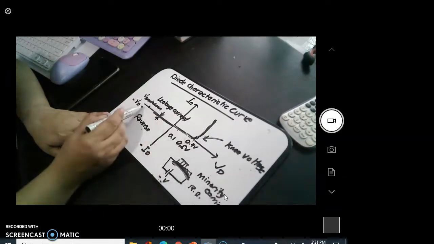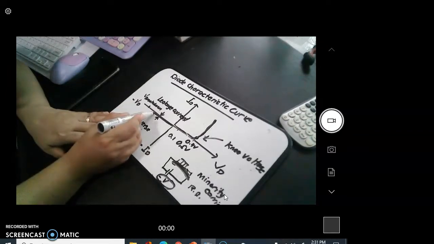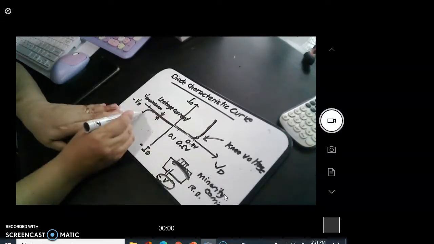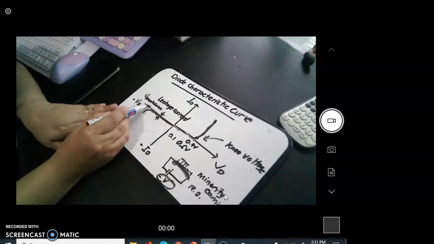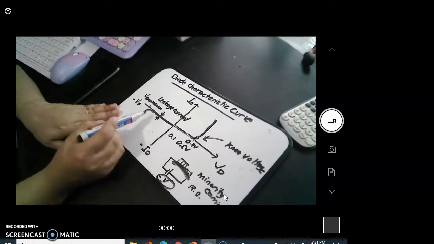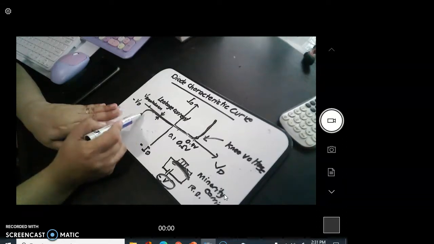Applying a reverse breakdown voltage will produce a large amount of reverse current or reverse leakage current.